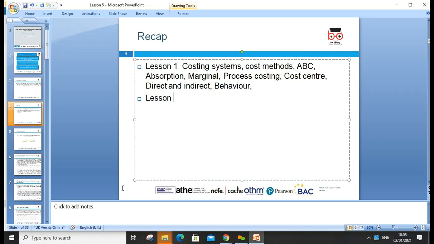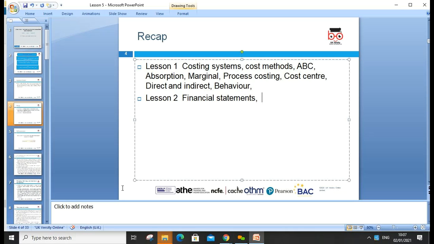Does anybody remember lesson 2? What did we learn in lesson 2? Yes, well done, Peter: financial statements. We discussed the balance sheet, the statement of comprehensive income, and profitability, which is the income statement.